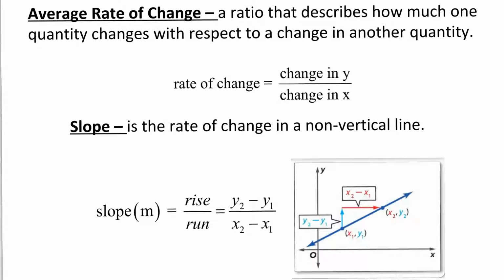So let's look at the rise first. When you have rise, that's going to be your direction going up or your direction going down. So you see the arrow for rise, that's going to be up or down, and the run is going to be to the left or to the right.